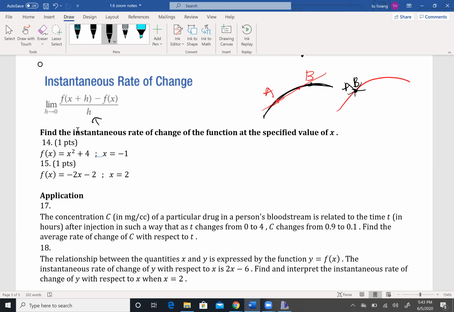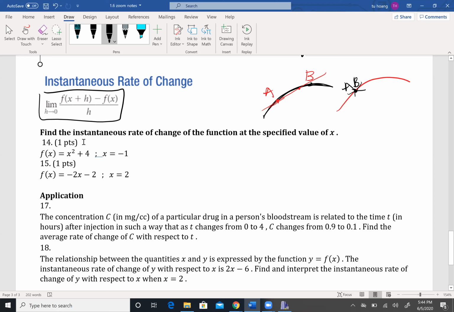But we learned about limits already, so that will help you find what it approaches. So we are actually going to use the form of the limit of the difference quotient when h approaches zero, right? See that?